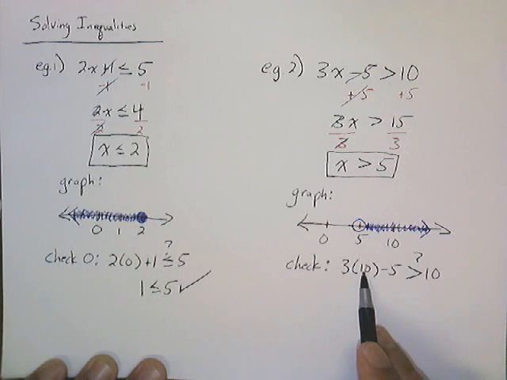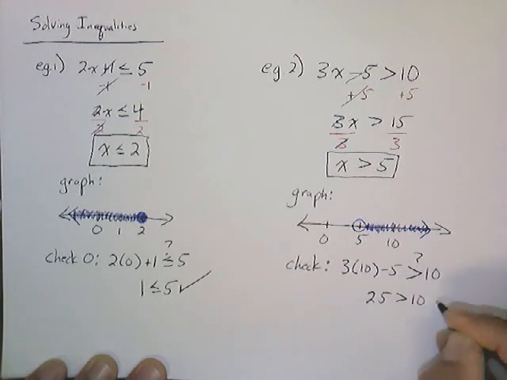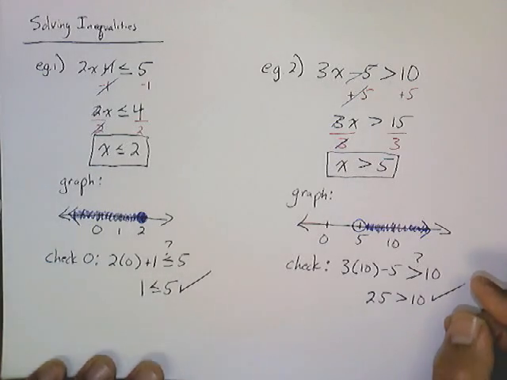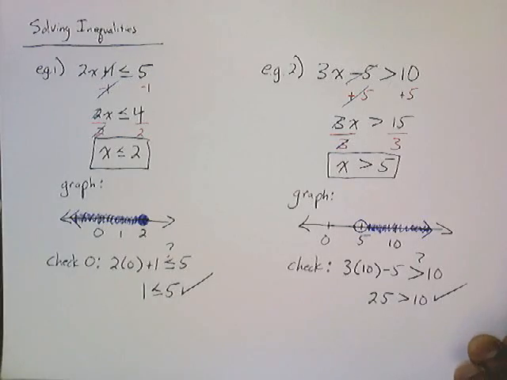Well, 3 times 10 is 30, minus 5 is 25. Is that greater than 10? Yeah, sure is. So we did it right. So far, nothing has changed from solving equations. Let's do one last example just to throw a wrench into the whole thing.